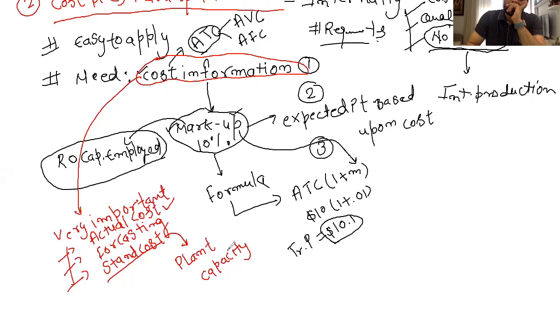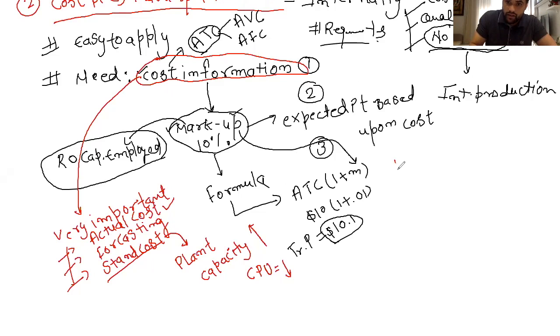So which means if plant capacity is high, our cost per unit will be low, right? I repeat again, if plant capacity to produce product is high, the volume of production will increase. As a result, average total cost per unit will decrease, of course, because it is total cost divided by number of units.